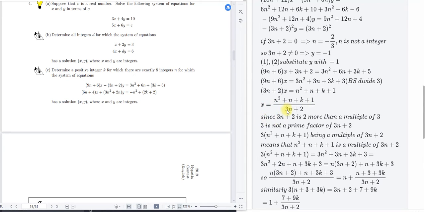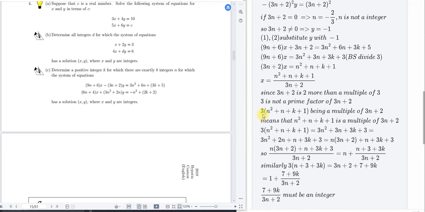Since 3n plus 2 is 2 more than a multiple of 3, 3 is not a prime factor of 3n plus 2. So 3 times (n squared plus n plus k plus 1) being a multiple of 3n plus 2 means that this one is a multiple of 3n plus 2.